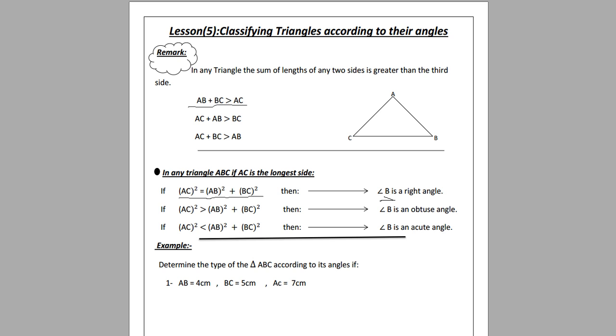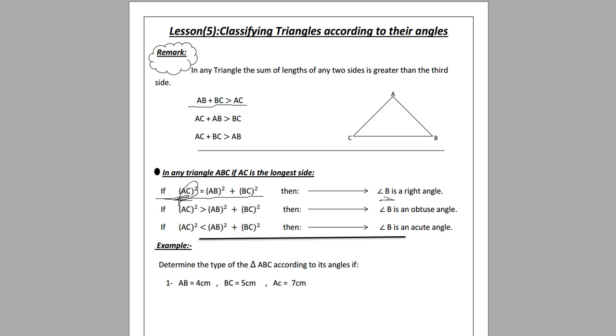By another way, it is the missing letter from the triangle name ABC in this AC. So the triangle name is ABC, AC here, the missing letter is B. So B is a right angle. Okay, so if AC bar 2 equals AB bar 2 plus BC bar 2.